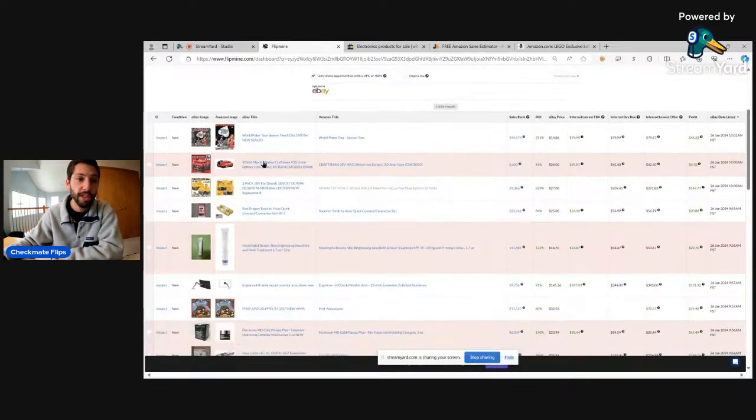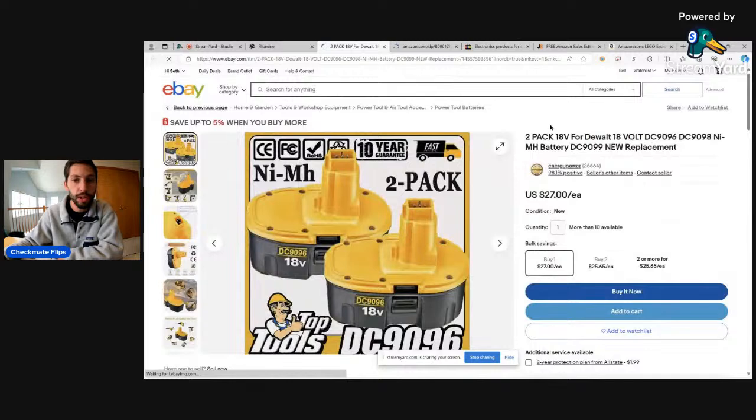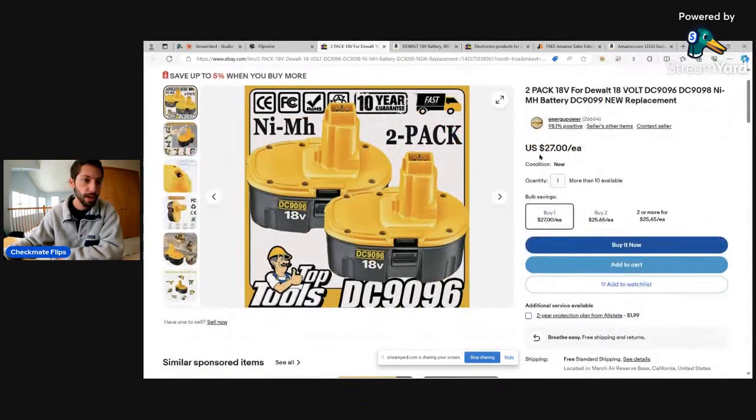Like I know, for example, these are almost always replacement batteries. So if you go and source this lead, this is a 2-pack 18-volt replacement battery for DeWalt.